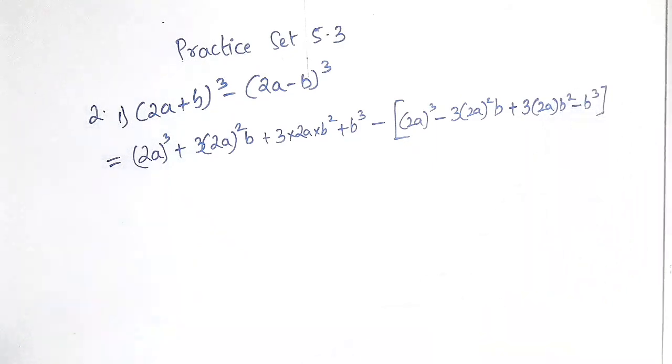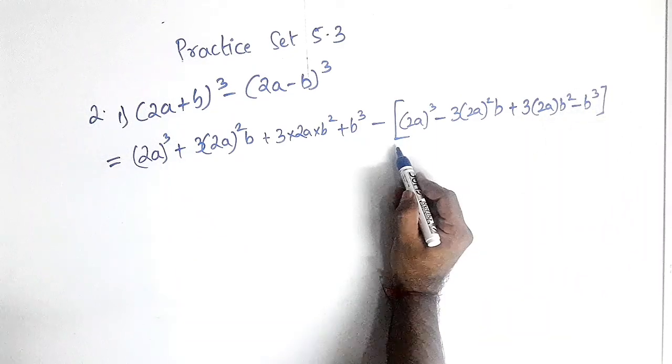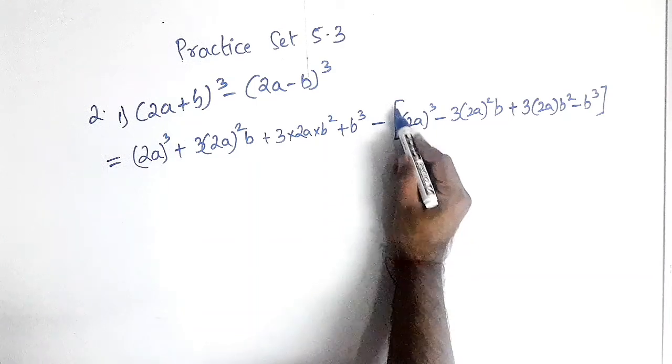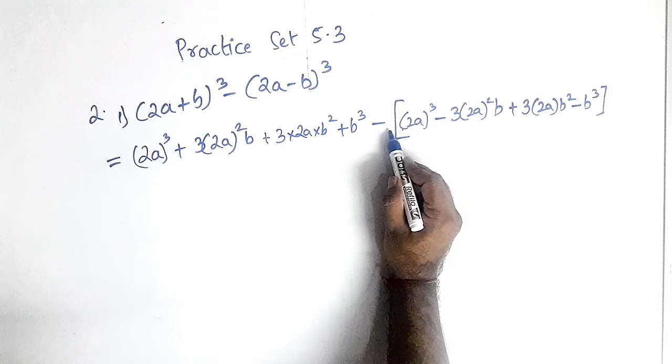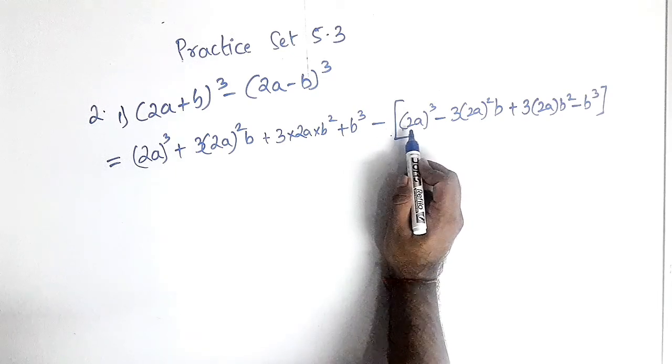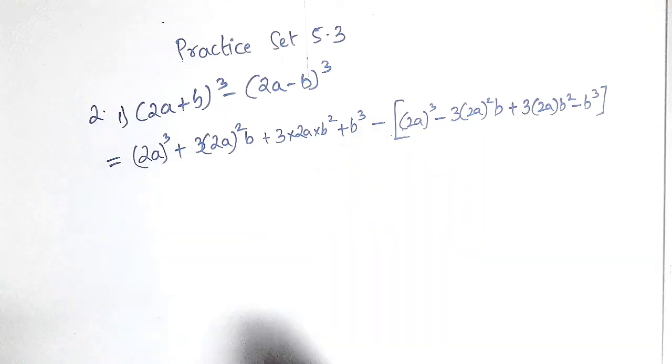Okay, bracket close. See students, I am putting here square bracket because we have inside round brackets. So round brackets have to be supported by square brackets. You cannot put round brackets 2 times.